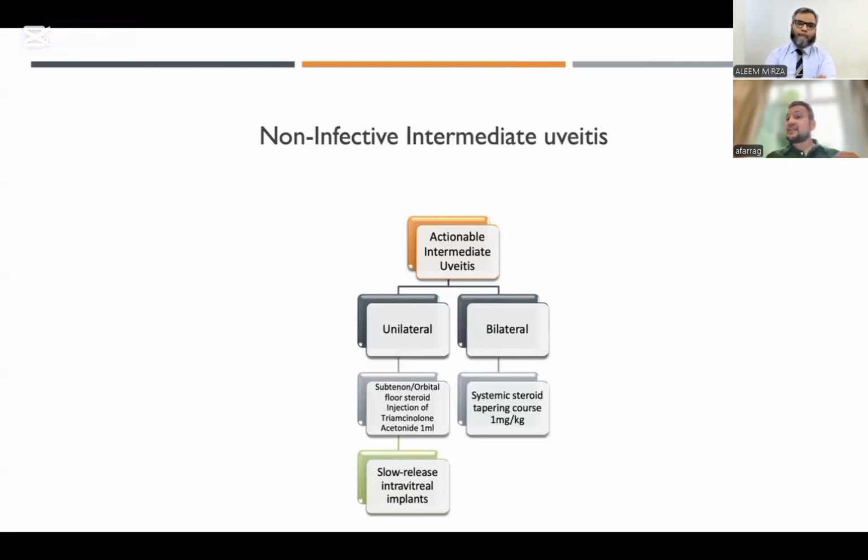The other one is Iluvien, which has a longer action. They claim 36 months, but usually I tell my patients it works for 24 months. So this may be a second step after trying subtenon and recurrence or flare up, it depends.